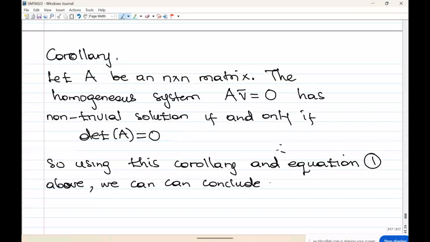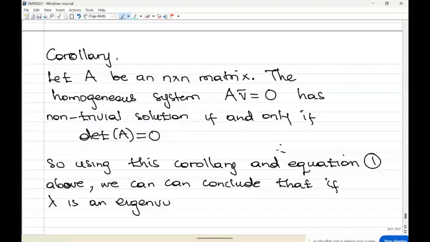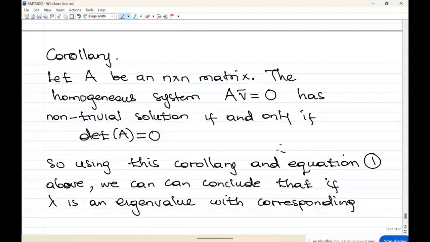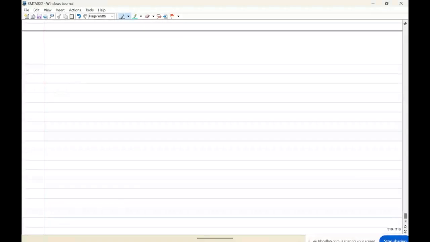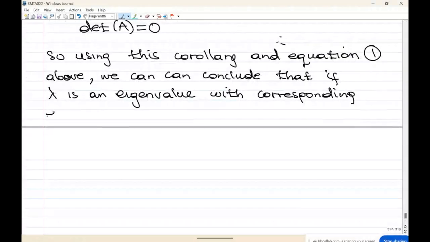Conclude that if lambda is an eigenvalue with corresponding eigenvector. Remember, according to that corollary, we have this x bar there.